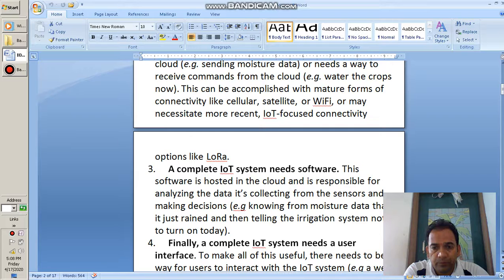Similarly, these actions are performed based on analyzing the data sent by the moisture sensors to the cloud, and then the signals are transmitted to turn on the irrigation and so on. So definitely it requires several specialized software.